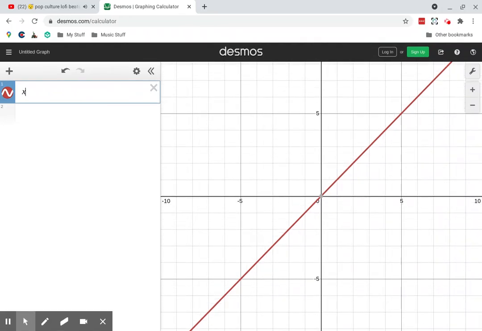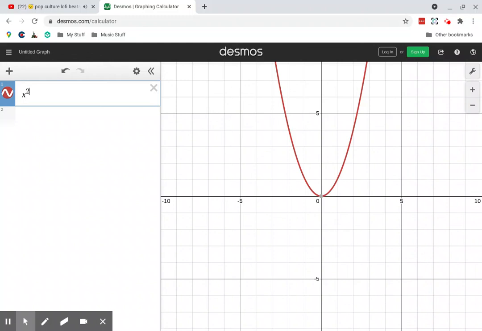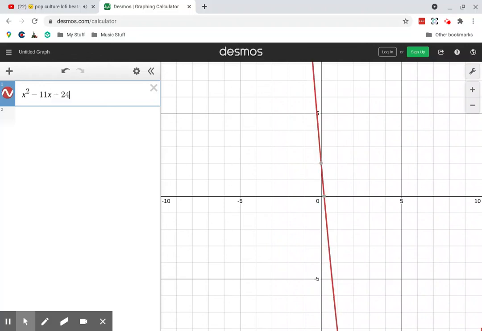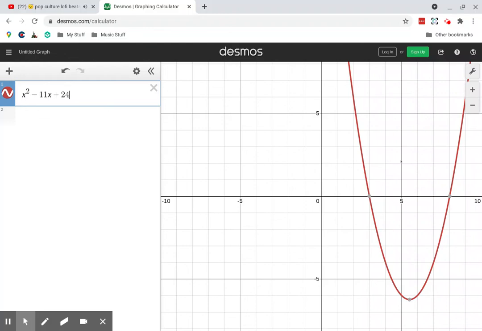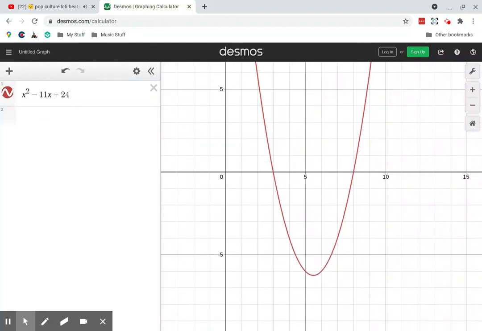Okay, x squared, minus 11x plus 24. There it is. So my points are right there and right there. Let's see, that's 3 and 8. All right. 3, 0, and 8, 0.